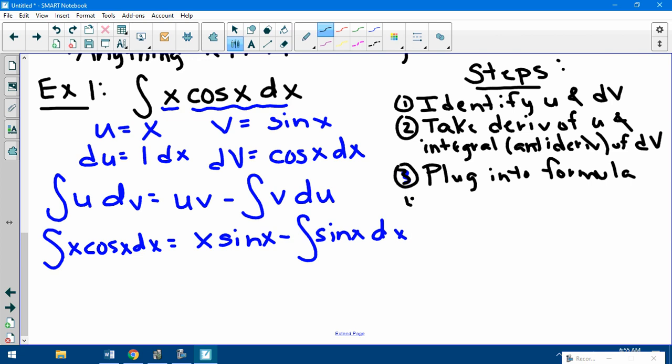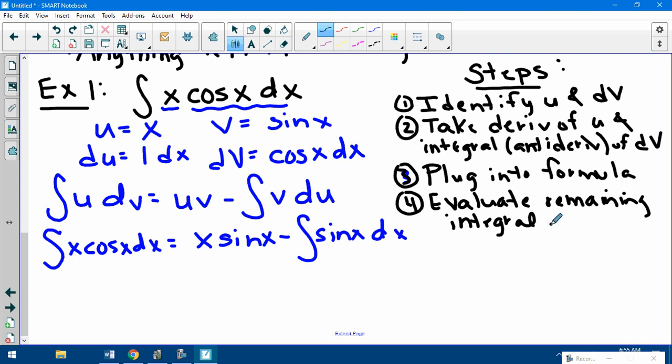Okay, last step, evaluate remaining integral. That's this one. And now notice it's an easier integral to evaluate.